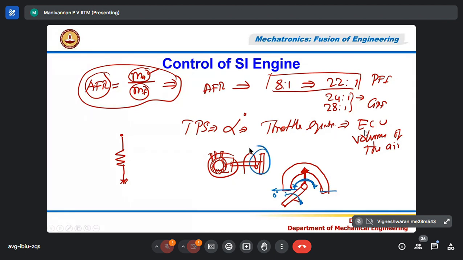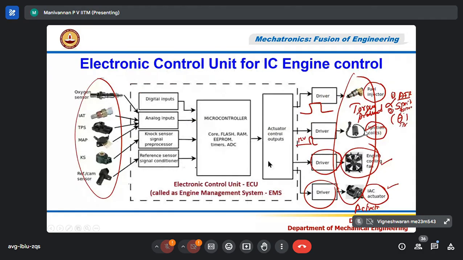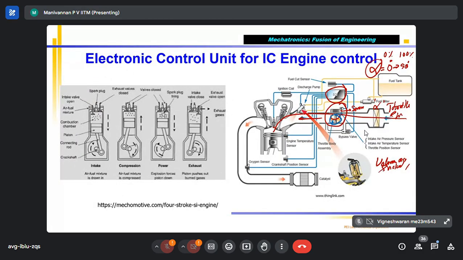This is my butterfly valve. When the driver presses the throttle pedal, the butterfly valve opens. So this is the stem of the butterfly valve, to which the shaft of the TPS sensor is connected.